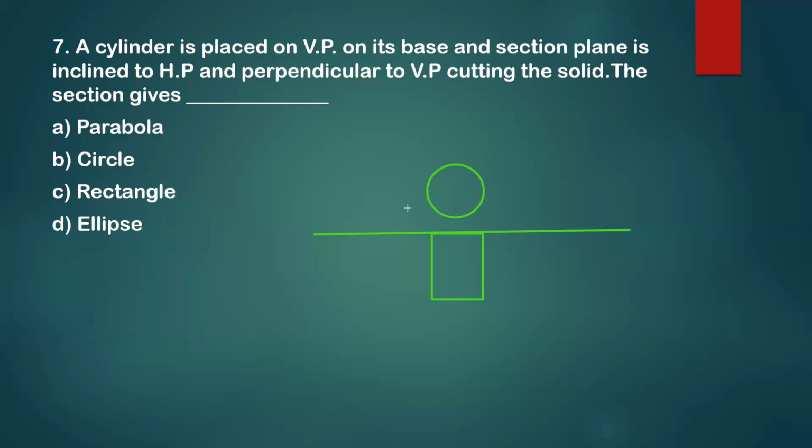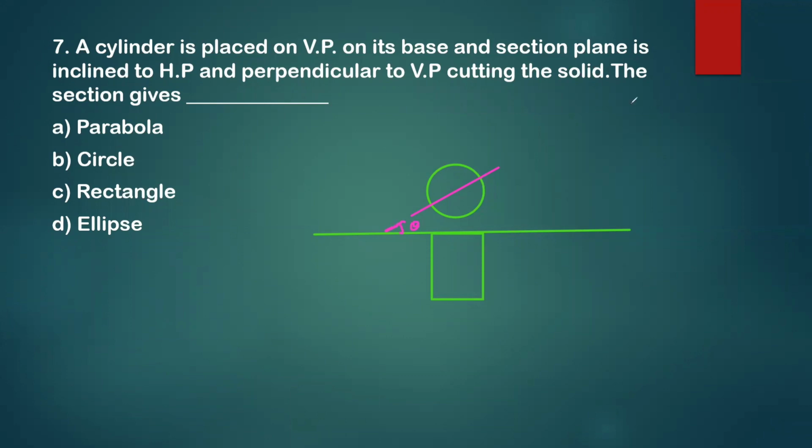Suppose like this the cutting plane is there, making some angle with respect to the HP. So this angle will be theta with the HP. This is our cutting plane, and it is going to cut the solid in this way.